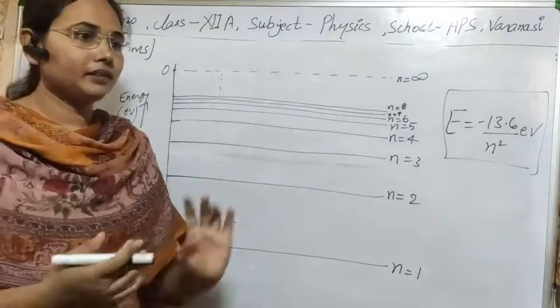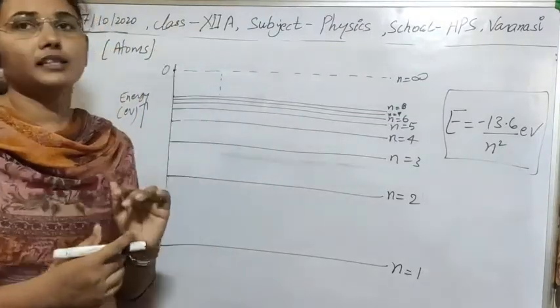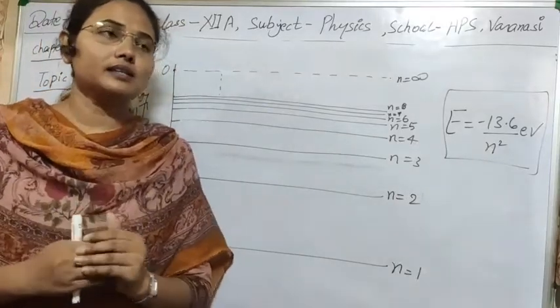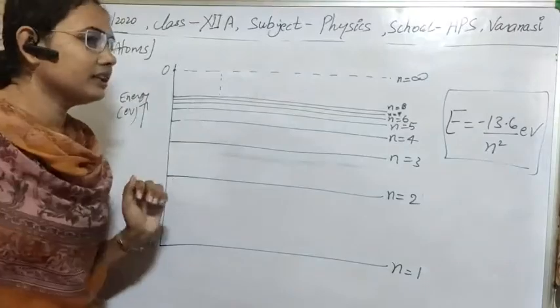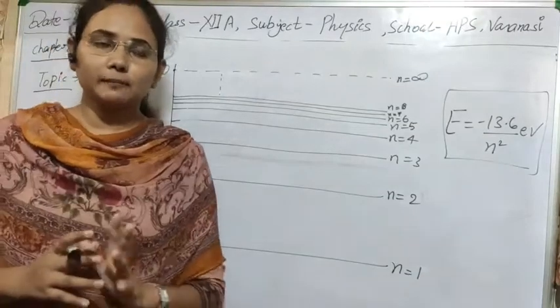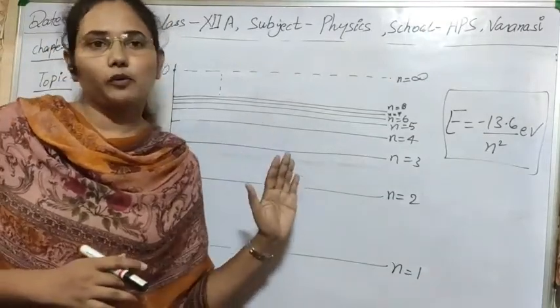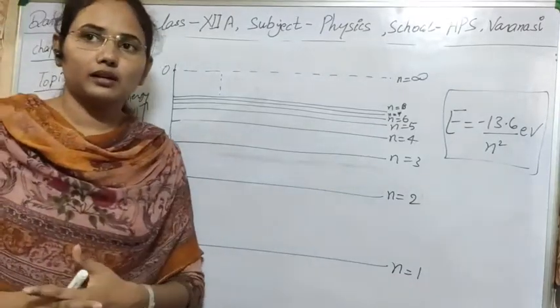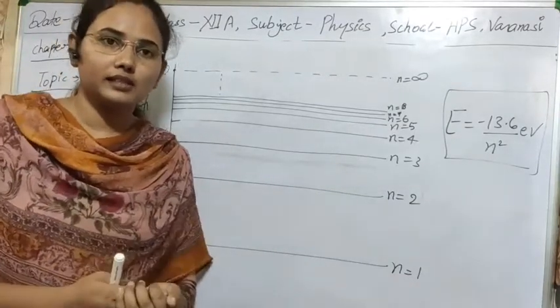After the energy value of 0, we get continuum energy states, and below it we obtain discrete sets of wavelengths. So I think there is no confusion in all these things.